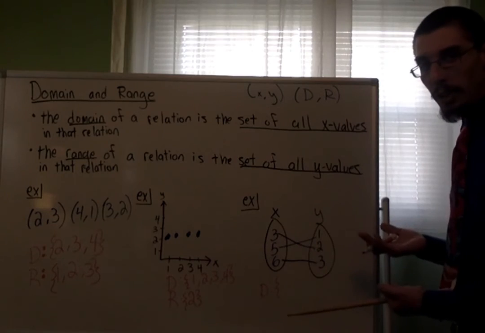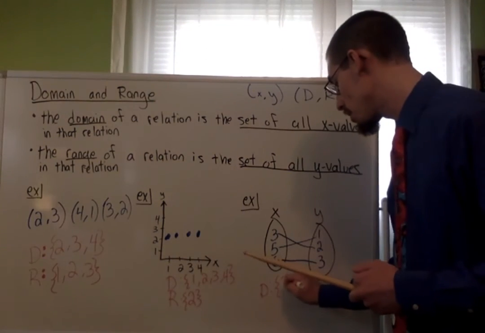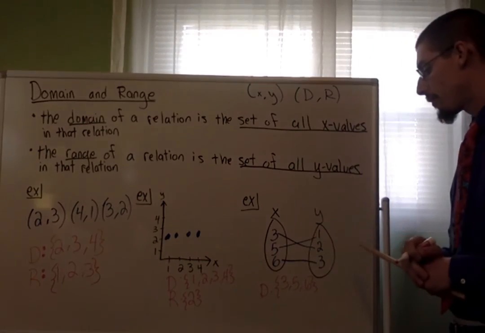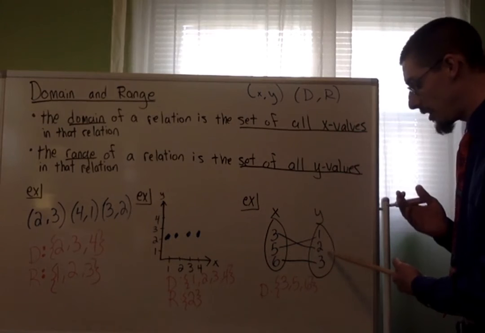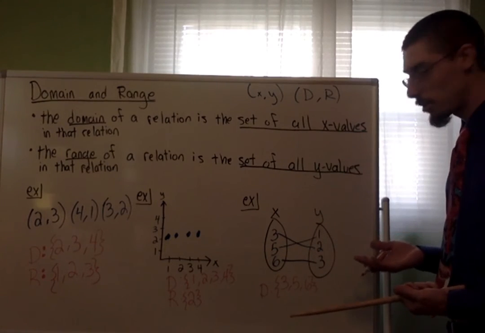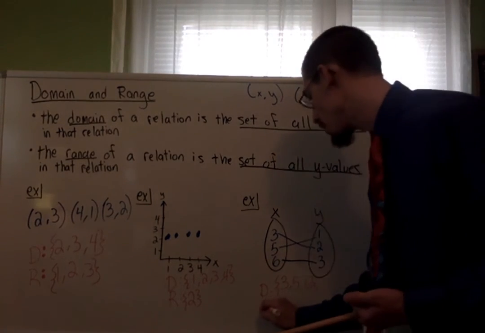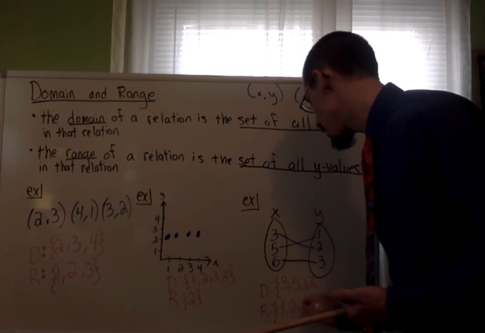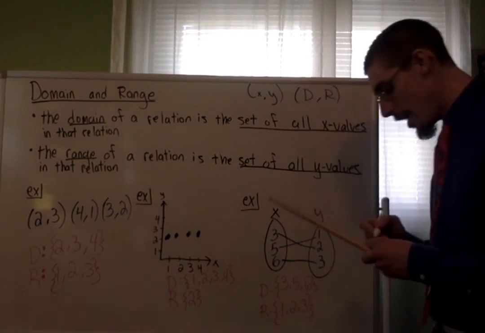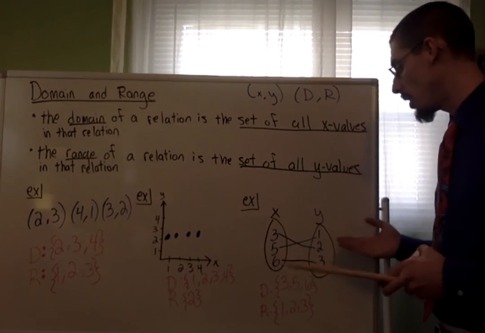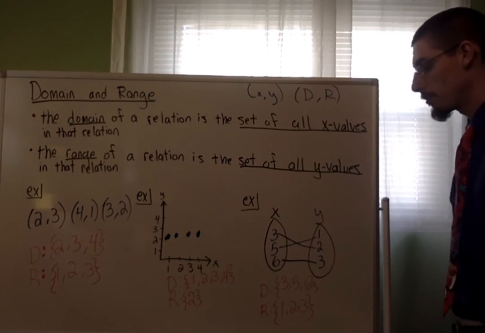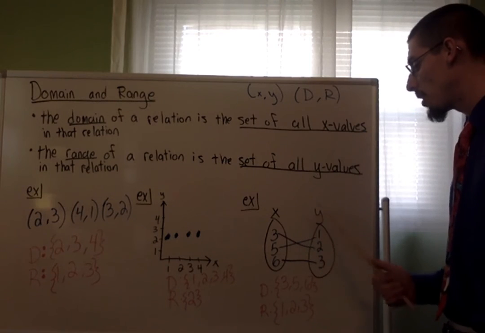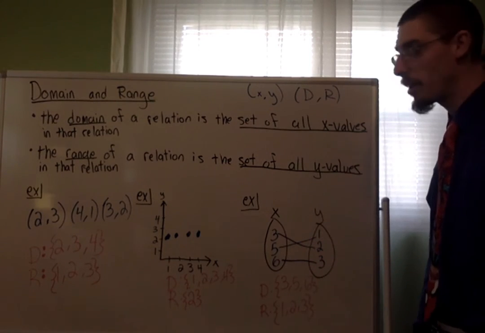This is the list of x values, 3, 5, and 6. And then your range, same thing. Isn't this your list of y values? So, 1, 2, 3. Asking you for the domain and range of a mapping diagram is too easy. You might not even get that kind of question, because a mapping diagram already shows you the domain and range.